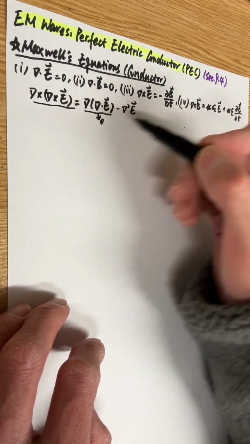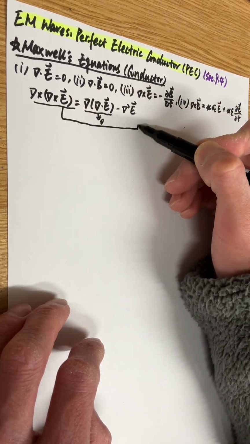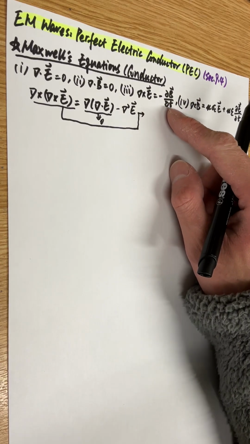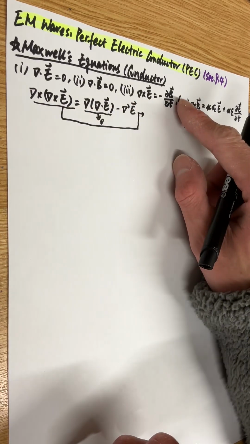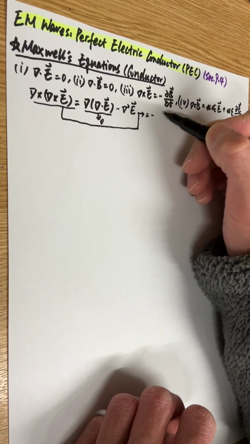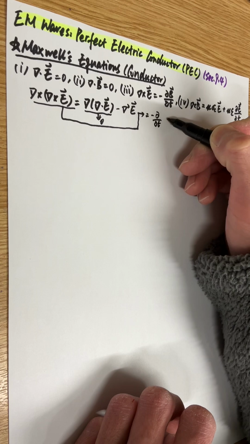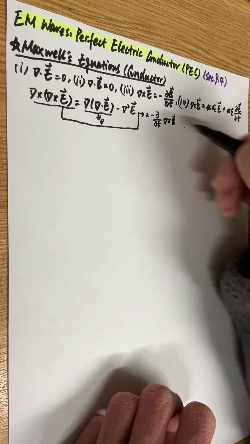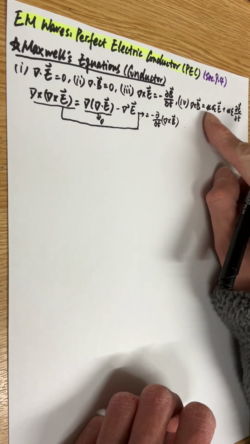And then this thing here, we know the curl of E equals minus dB dt, so we can apply curl on B. So this equals minus d dt and then curl of B. And then we know curl of B equals this.